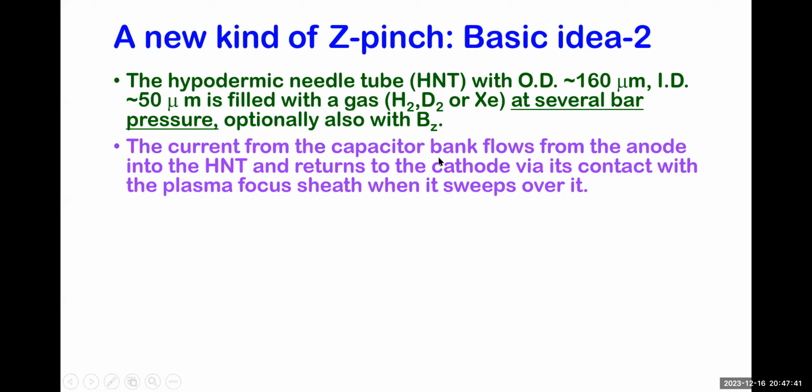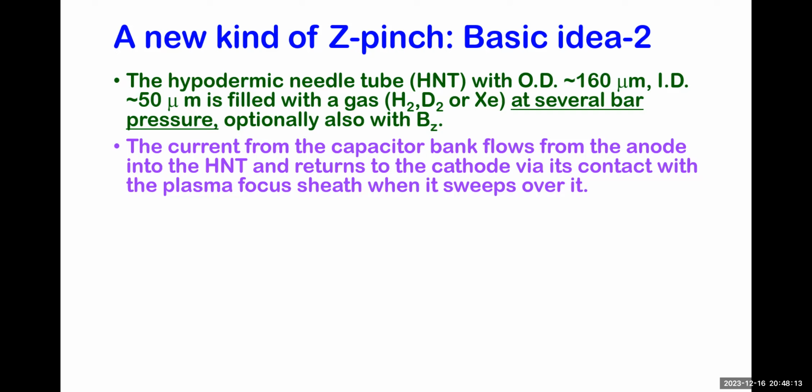The current from the capacitor bank flows from the anode into the HNT and it returns to the cathode via its contact with the plasma focus sheath when it sweeps over it. Now, remember, the contact with the anode is permanent, but the return current is moving. The return current path keeps on moving because it is a plasma which is returning the current to the cathode.